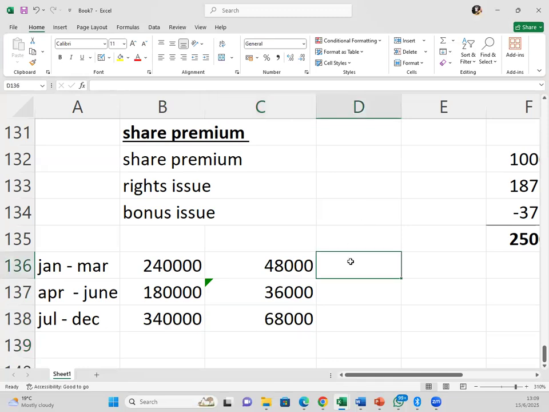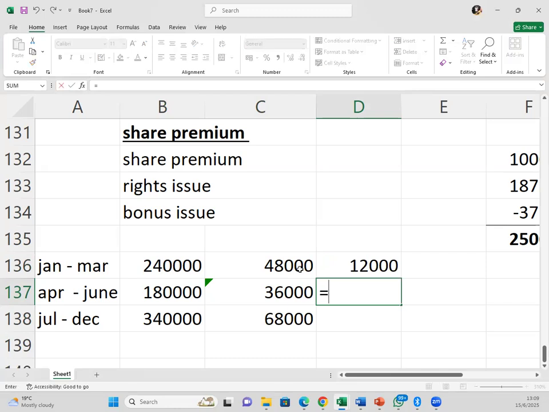But we then apportion to say the assets were 240 for January, February, and March. So they were 240 for 3 months. The 48,000 was for the whole year, but the assets were 240 for 3 months. April, May, June, the assets had a depreciation of 36,000 for the year, but they only had 3 months, April, May, and June.